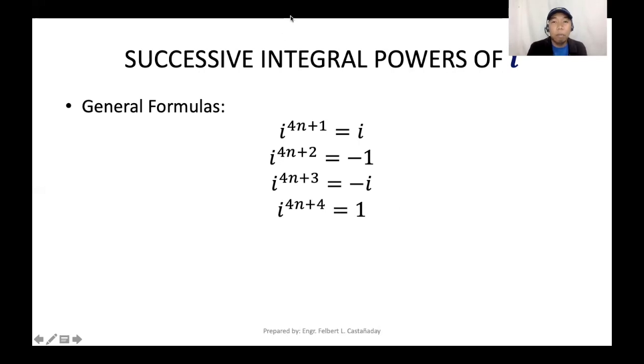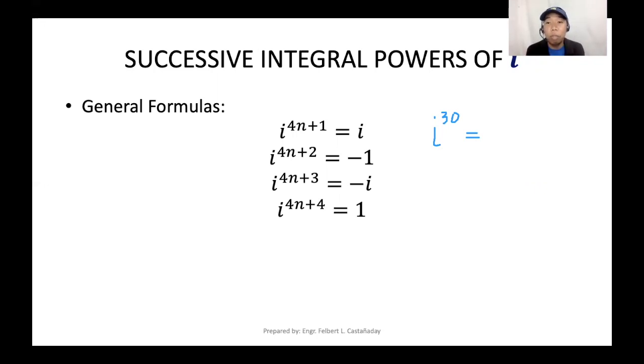Okay, let's have an example for this. Say for instance, we have i raised to 30. Is 30 divisible by 4? 30 divided by 4, if it's a whole number, then the number is divisible by 4.